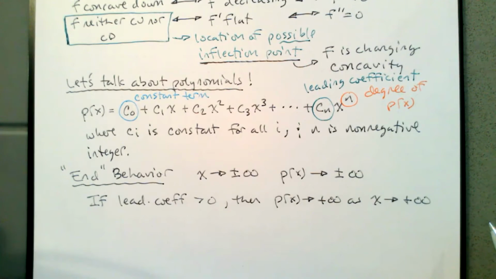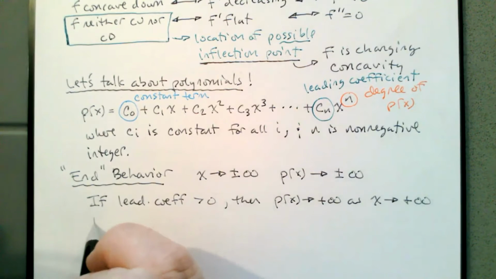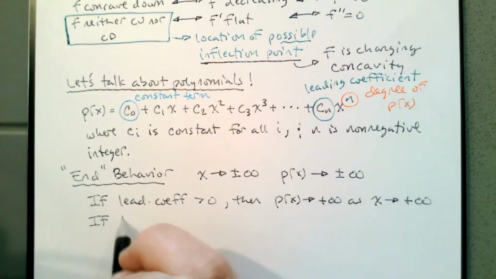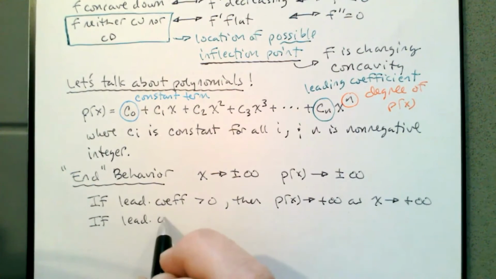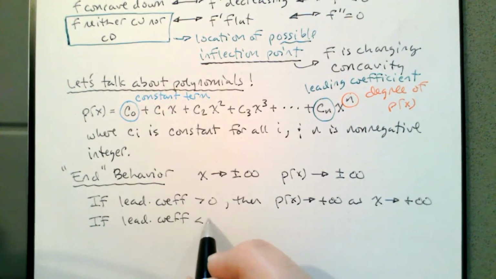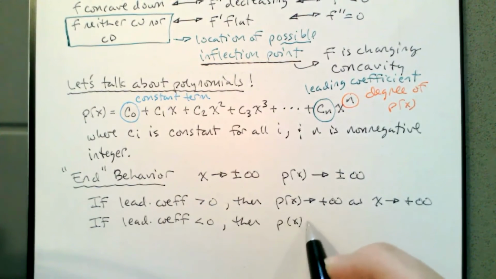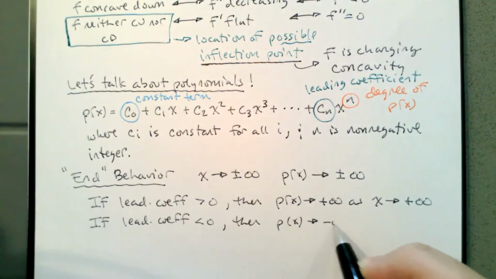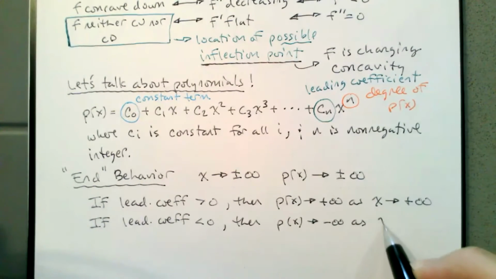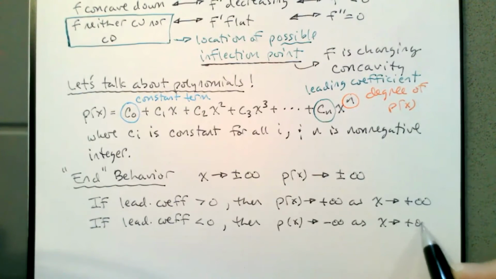And if the leading coefficient is negative, then p of x goes to negative infinity as x goes to positive infinity.